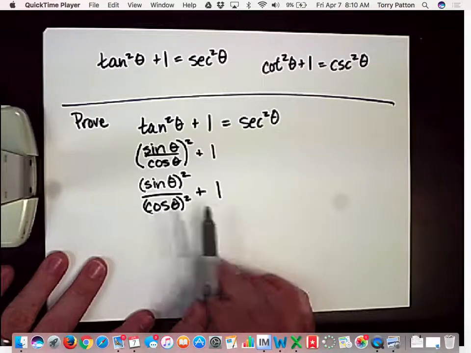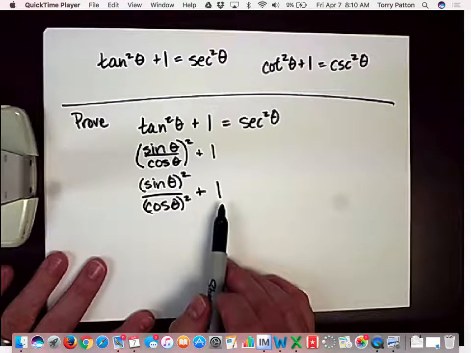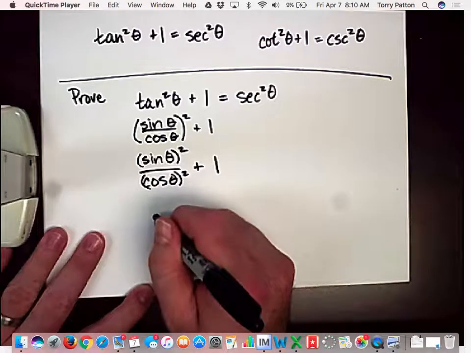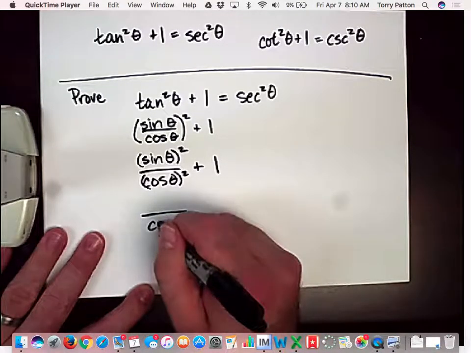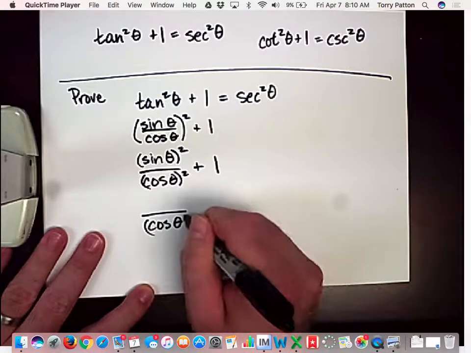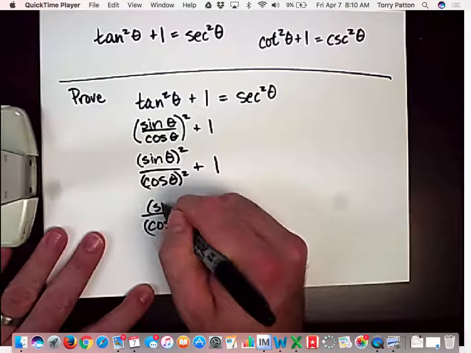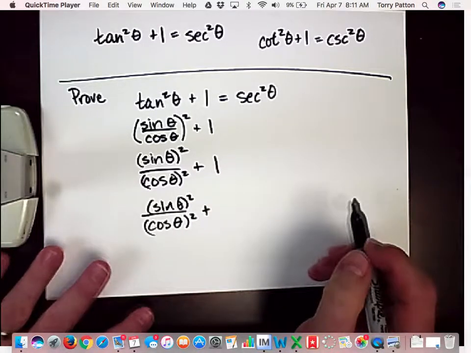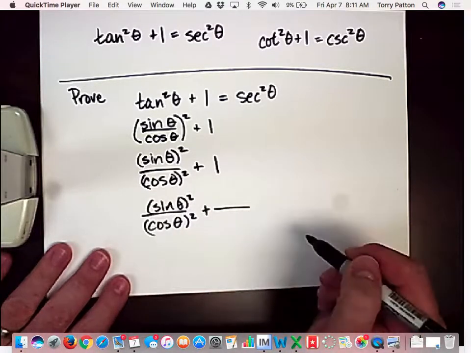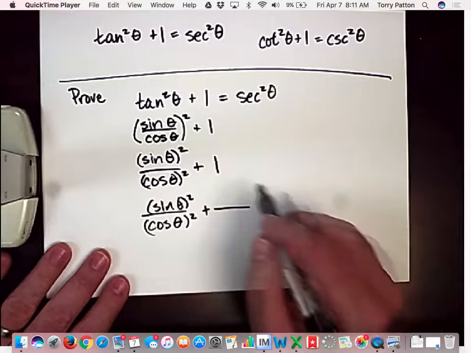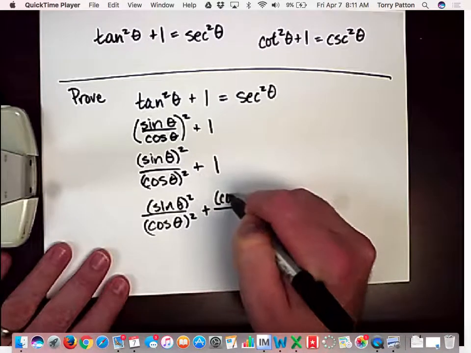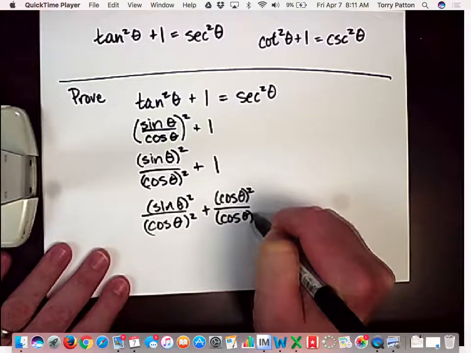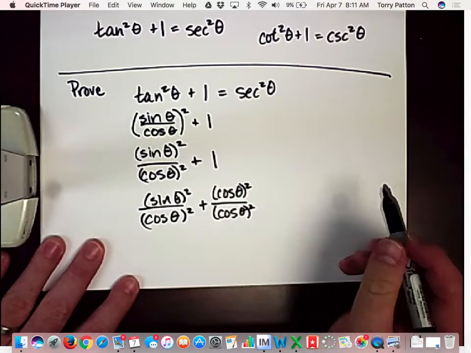Now, how could we add these two if we got a common denominator, right? Well, the common denominator would be cosine theta squared. How could we write 1 as something over cosine theta squared? What would it be? It would be cosine theta squared over cosine theta squared, right?